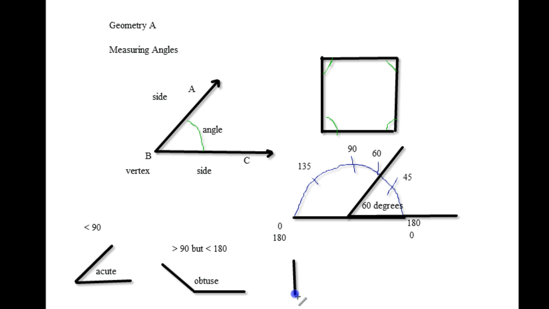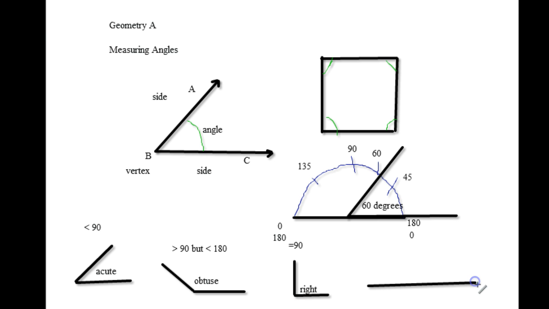If something is making a right angle of a box, if it's making a 90-degree angle, so it equals 90, that is a right angle.